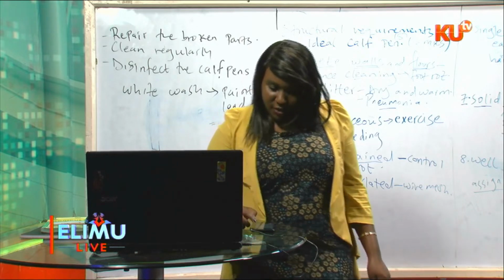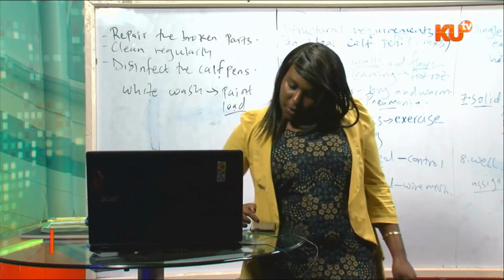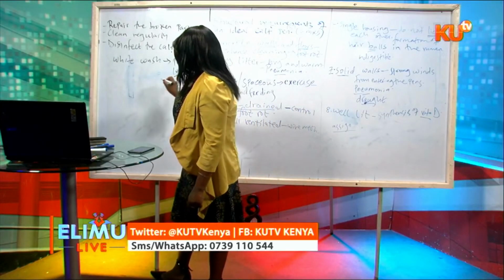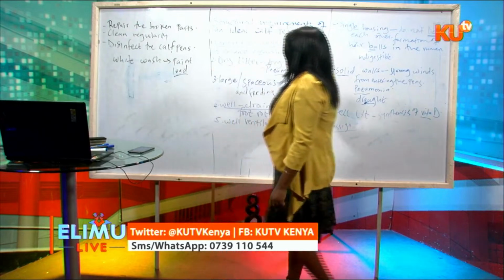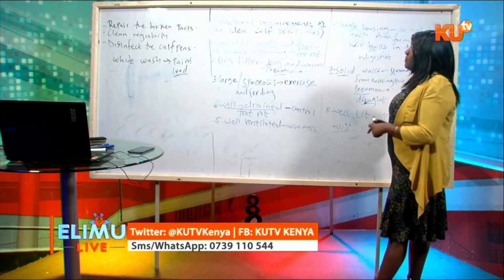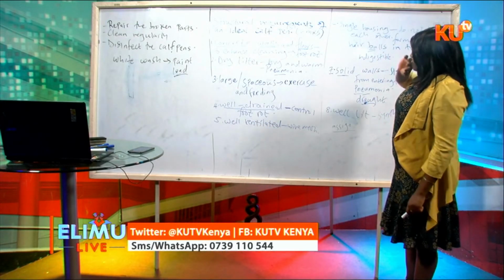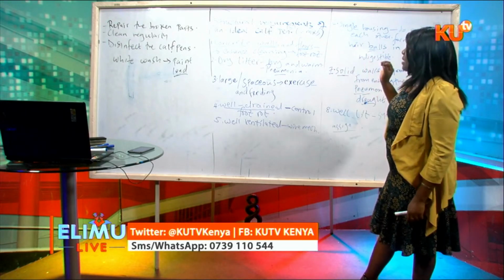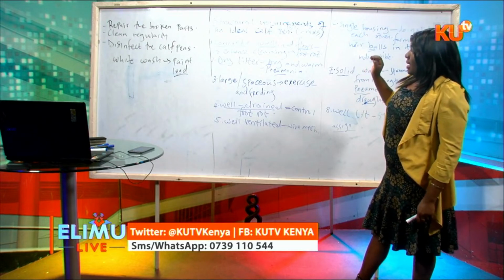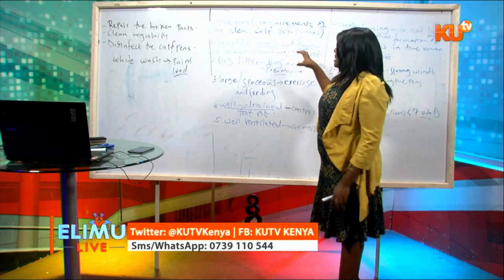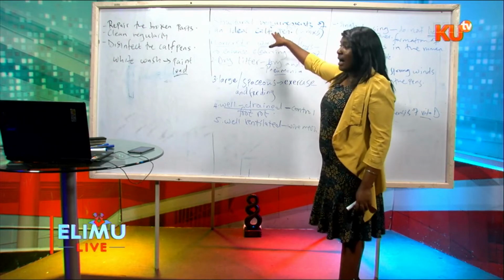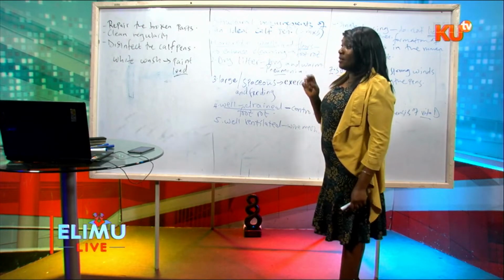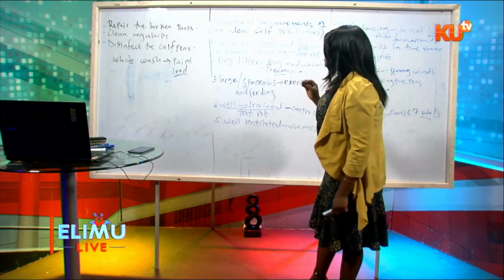There are so many questions. I'm very happy that you are really participating. But I would like to wind up this lesson by concluding that whatever we have learned today, the key thing that you need to master are the types of calf pens, which we said are two main types, the mobile and the permanent ones.